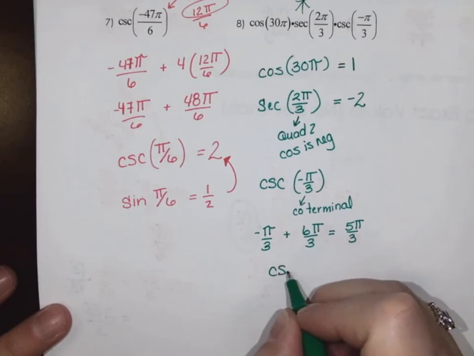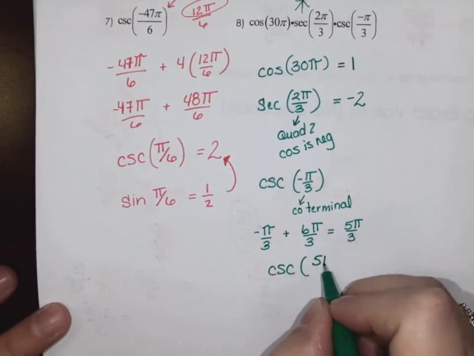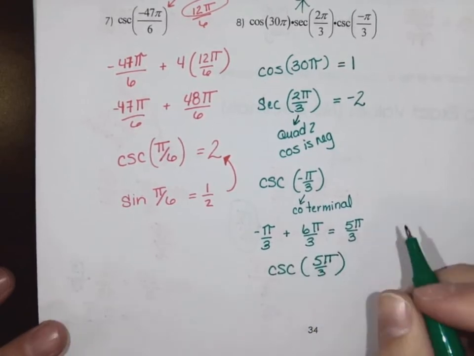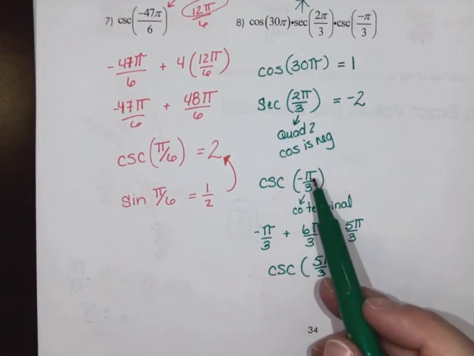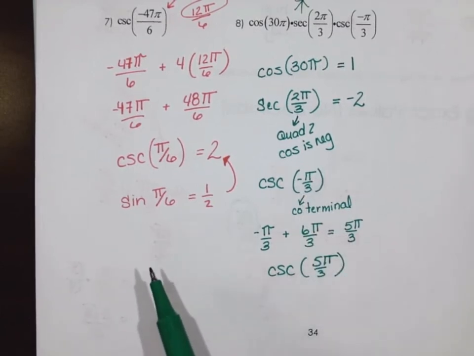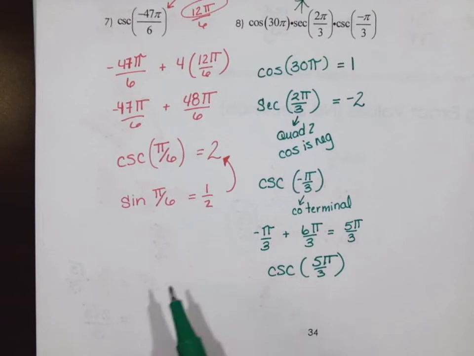So I am in quadrant 4. I know that pi over 3 is in quadrant 1, so if I go the opposite way, I'm in quadrant 4. It takes people different amounts of time to get this, but the more you practice, the better it gets.